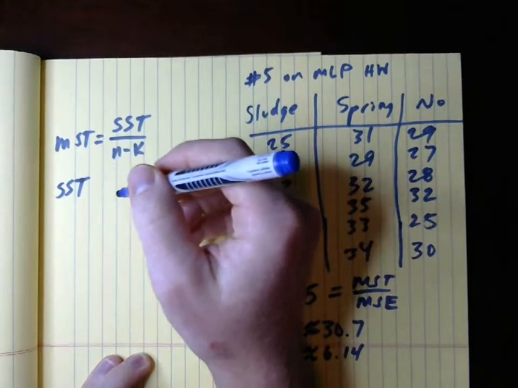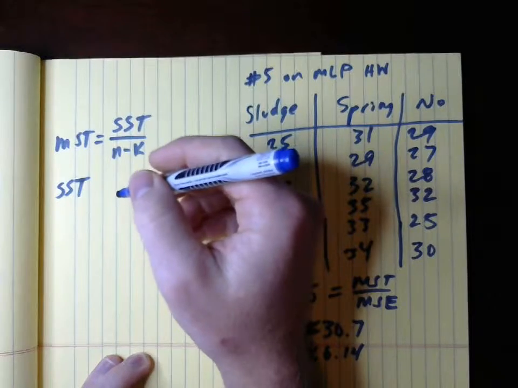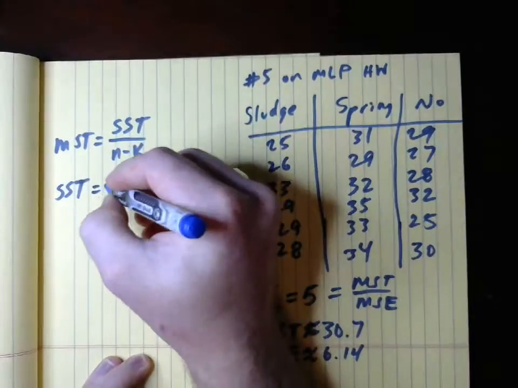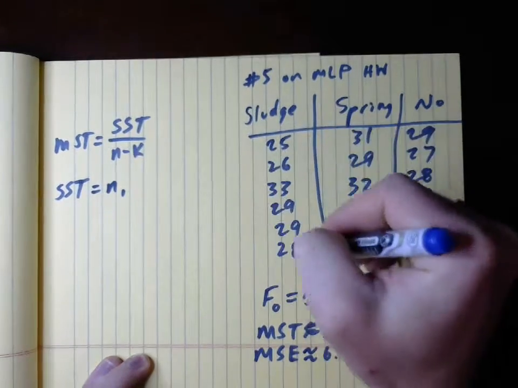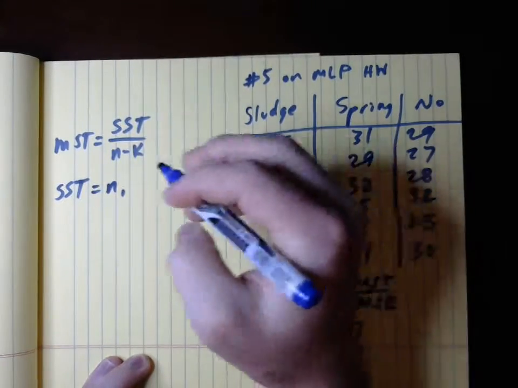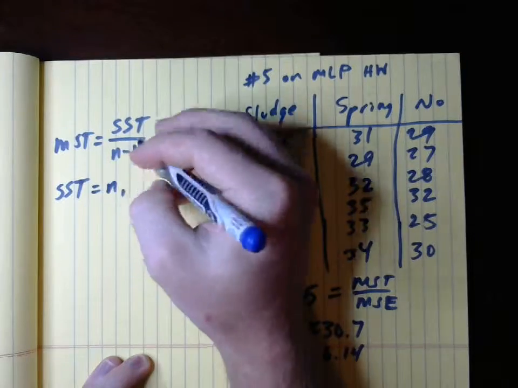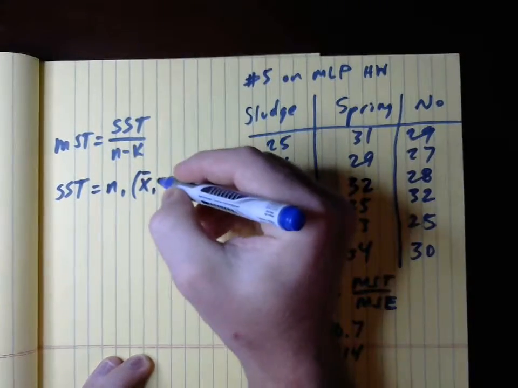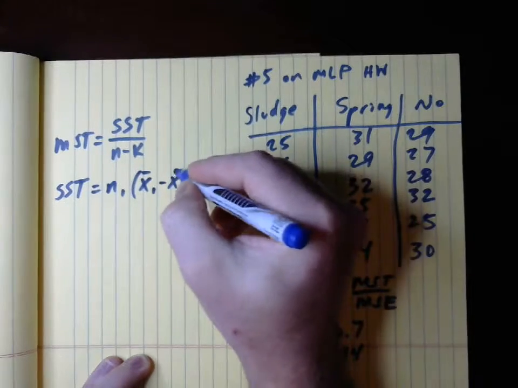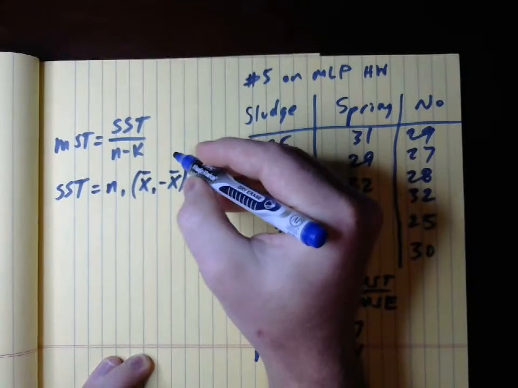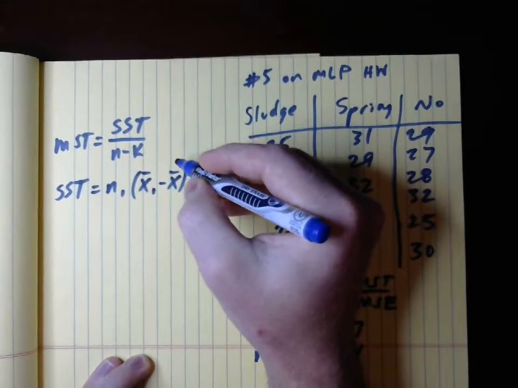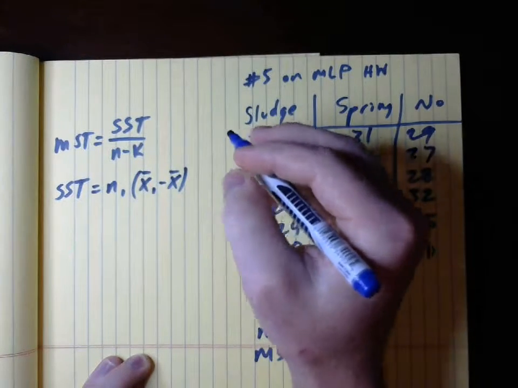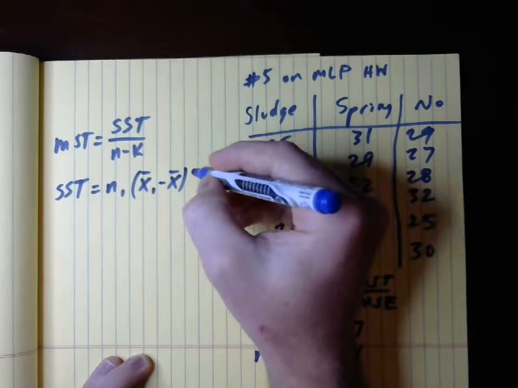So SST is calculated by the number of observations in the first category, which is 6, multiplied by x1 bar minus x bar. And we'll talk about what that means in a second. And then we square it.